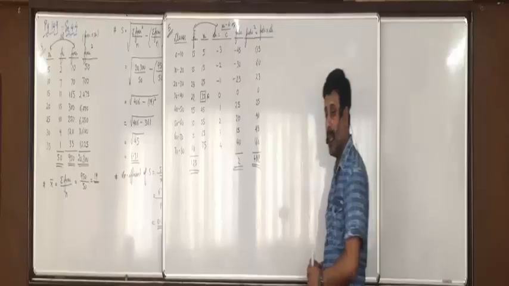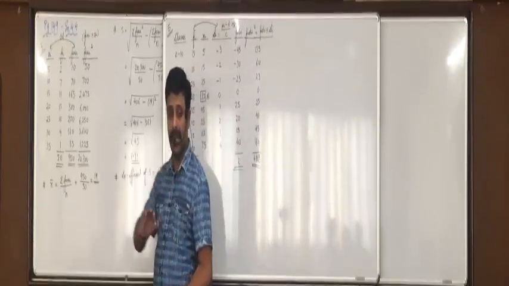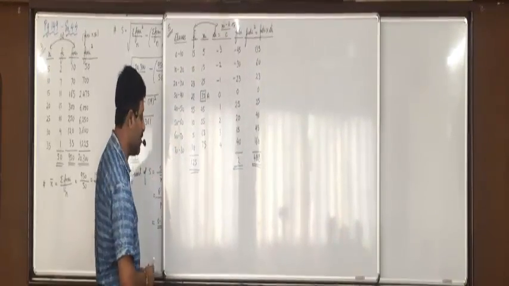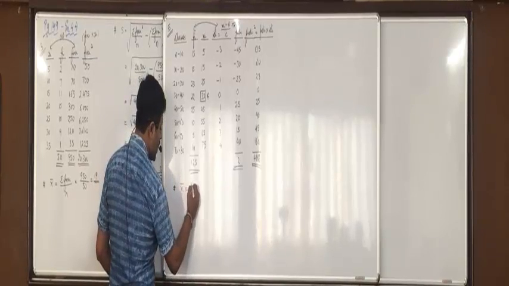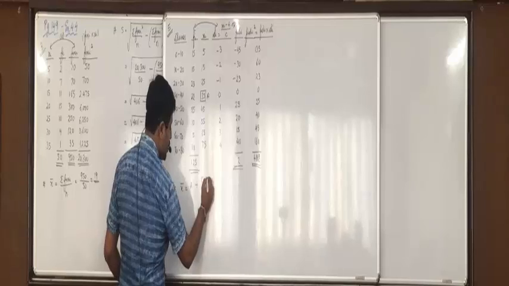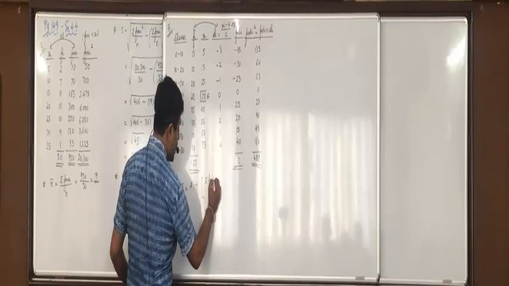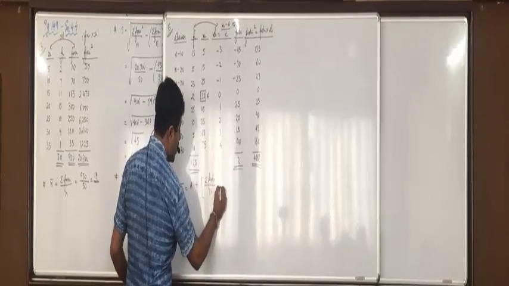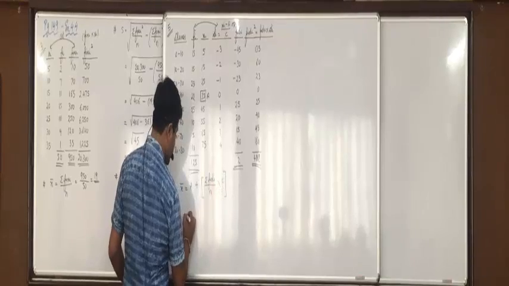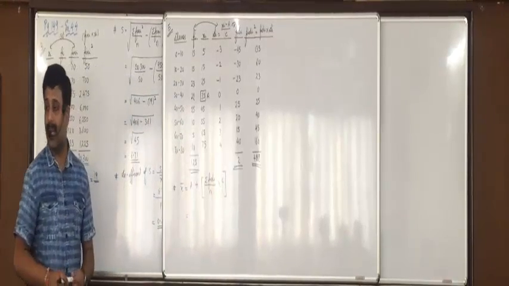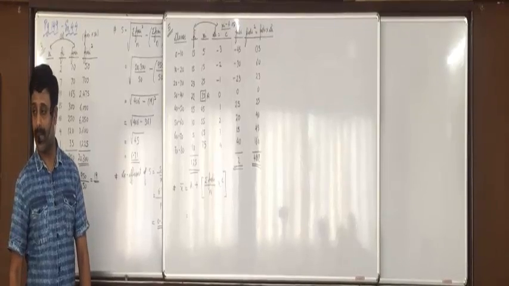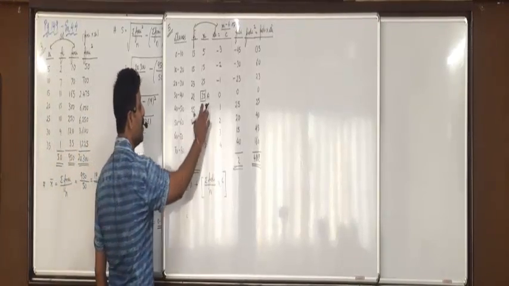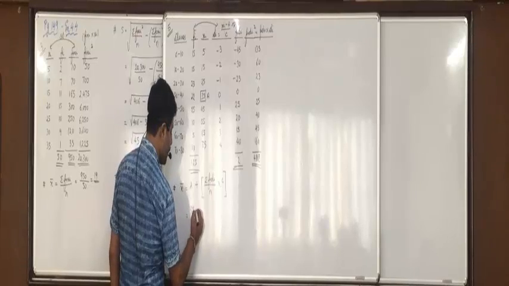Completed everyone? Now first we'll find x bar, by the shortcut method, because we have done the workings of the shortcut method only. So x bar equals a plus sigma Fi di upon n into c. Now what is a, the assumed mean? 35.